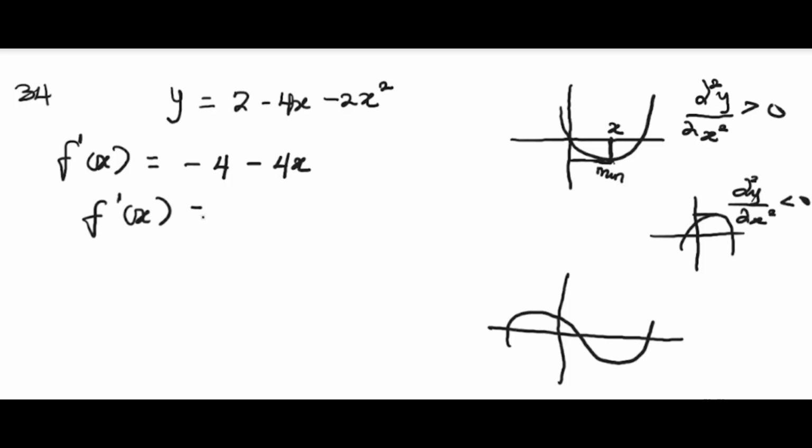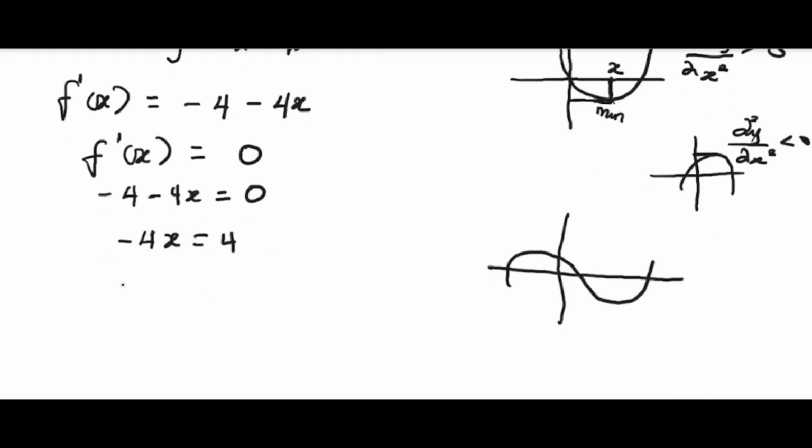So at that turning point, the first derivative is equal to 0. So equating minus 4 minus 4x to 0 to find our x, we'll collect like terms, carry minus 4 to the other side, and when we do that, we will have minus 4x is equal to 4. So when we divide both sides by minus 4, our x is minus 1.